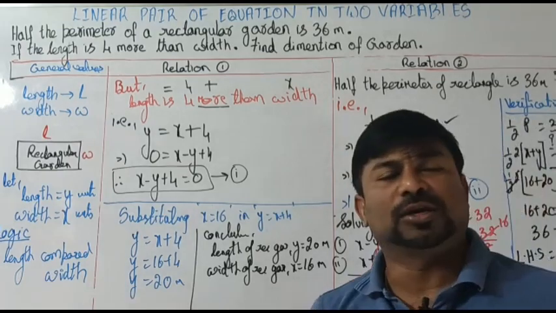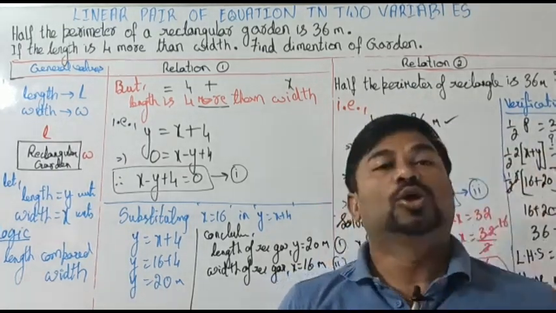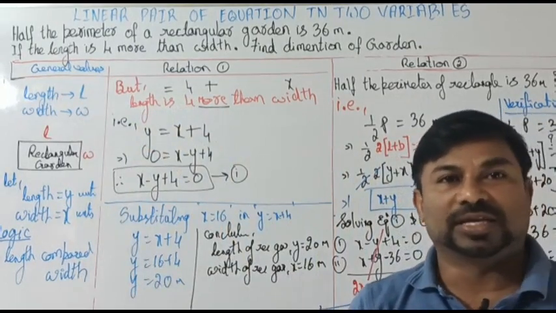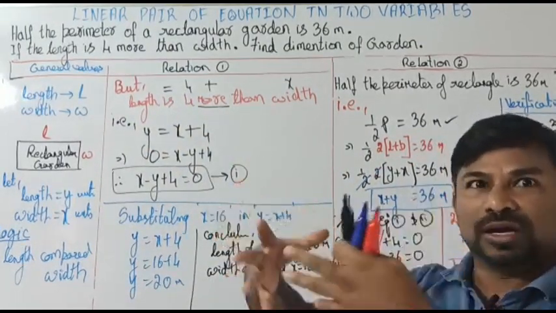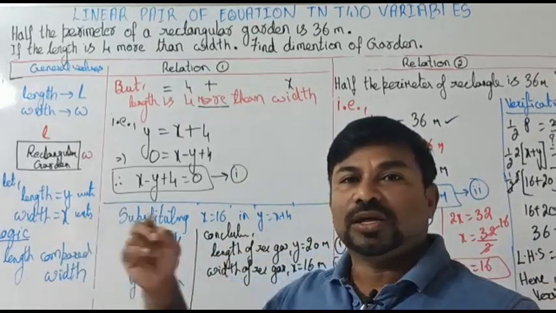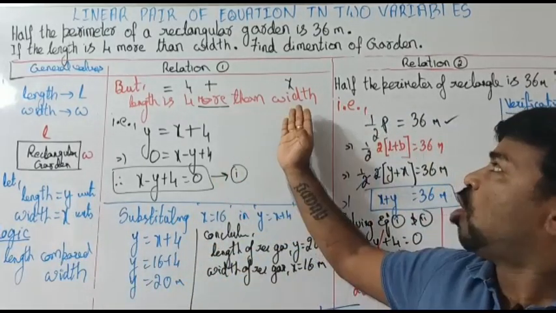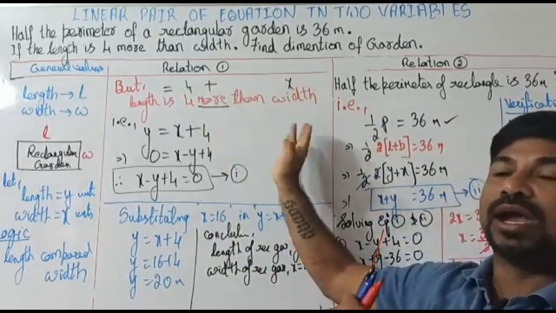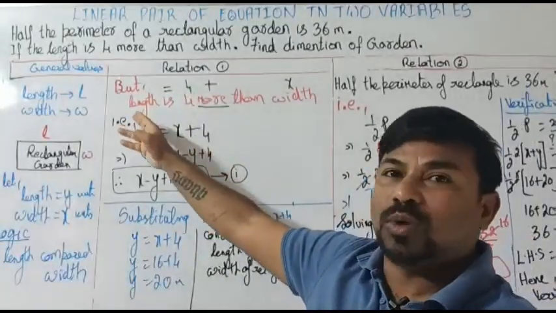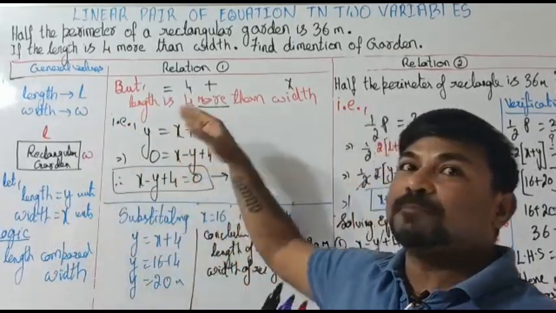Guys, please remember, it's a cool stuff. Straight away, go with that one. He has given two labelings, the perimeter and the relation. There are two relations here. The labelings are length and breadth. The logic you have to remember is always to take the one which is compared as x, and the next one as y. Therefore, length is compared to the width.